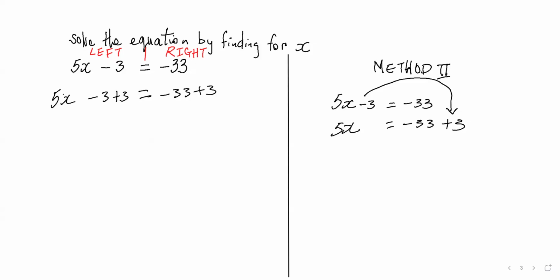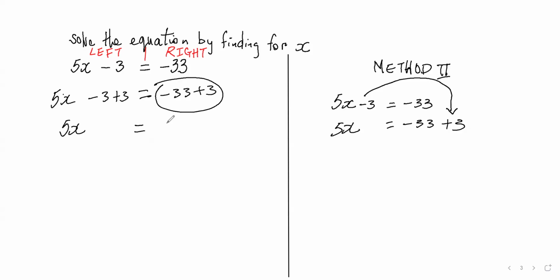So the next question you will have to do, right? So everybody, minus 3 plus 3 is 0. So that's just 5x. So this is 0, so we don't need to put the 0. What is negative 33 plus 3? When the signs are different, what do we have to do with the two numbers?